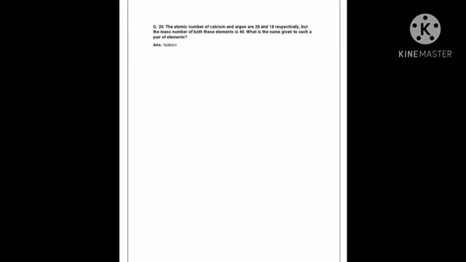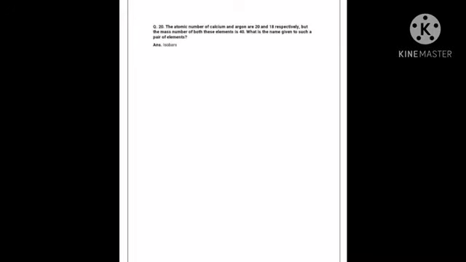Question number 8, write the correct representation of an element X which contains 15 electrons and 16 neutrons, right? So in a correct representation of element X, what do you need? Atomic number and mass number. So atomic number is equal to the number of protons, which is equal to the number of electrons.